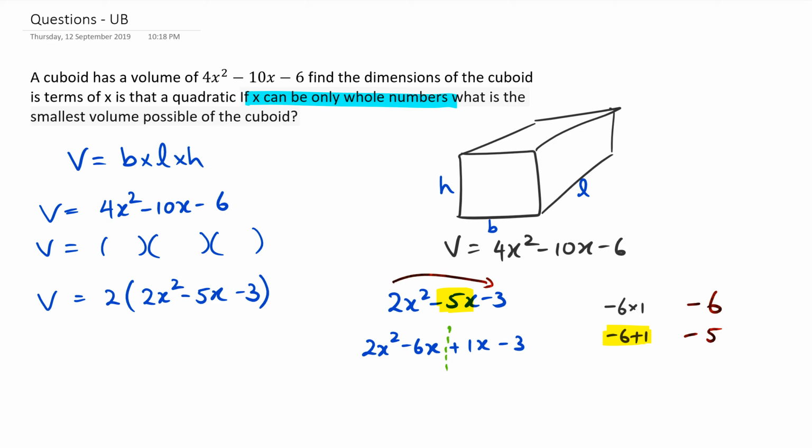Then I need to factorize by parts. On the left hand side, I'm going to get 2x and x minus 3. On the right hand side, because I have no common factors, I'm just going to take out 1, and that means I get x minus 3. What you guys should see now is that x minus 3 is a common factor.